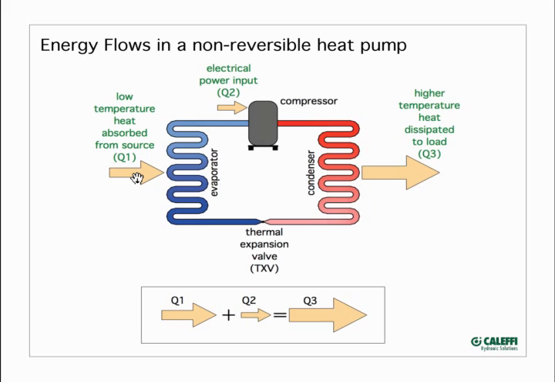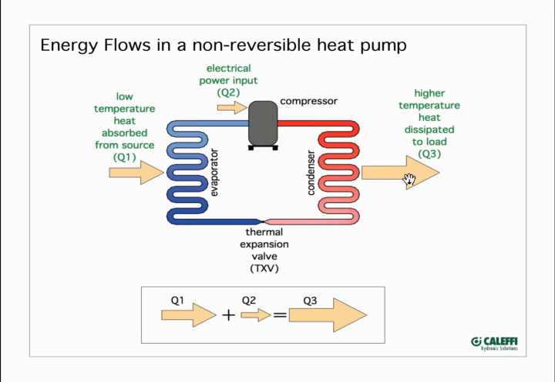Basic energy flows within a heat pump. We have over on the left our free source heat, whether it's coming from the air or from the ground. That is that arrow going into the evaporator. We need electrical input up here at the top to keep the compressor running. So those two arrows are both pointing into the heat pump. Those are energy inputs. The first law of thermodynamics tells us that the energy in to a device has got to equal the energy out.